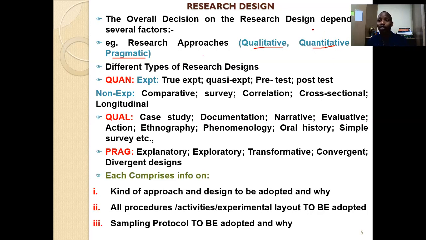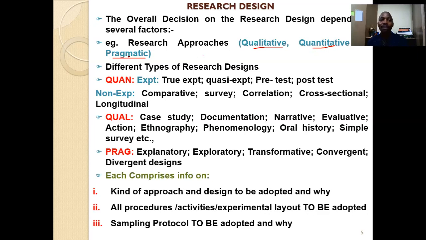But when we use the quantitative approach, we are assuming that most of our data are going to be in the form of numerical values. Some statistical and mathematical parameters are going to be in use. And in fact, it uses a hypothesis rather than research questions.